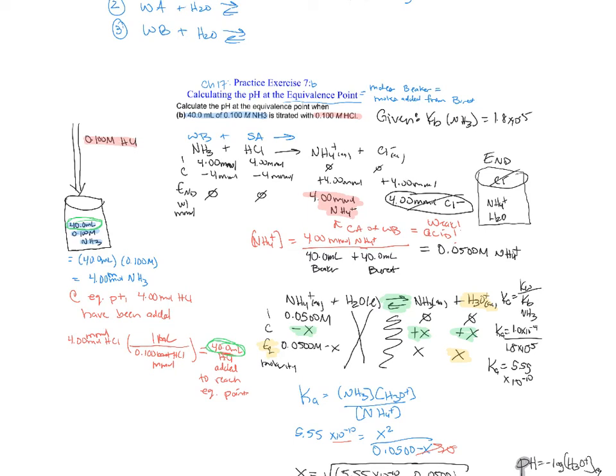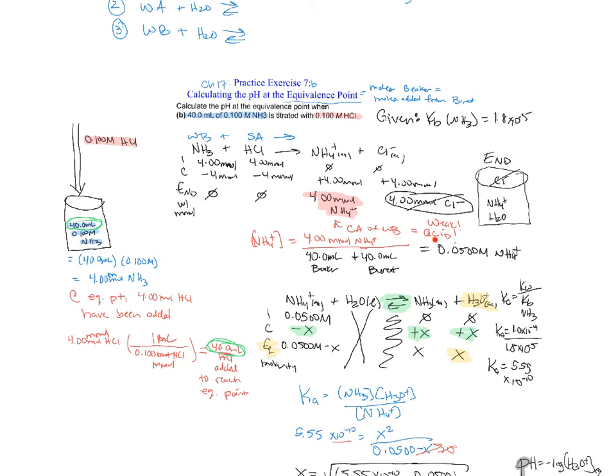So I write my reaction, my weak base and my strong acid to make ammonium and chloride. I set up in millimoles, so I've got 4 for each. So at the change, I subtract the smallest number and add it to the other side. At the end, I use up my reactants. Chloride, I know, doesn't affect the pH, so I ignore it. Ammonium is the conjugate acid of a weak base, so it's a weak acid.